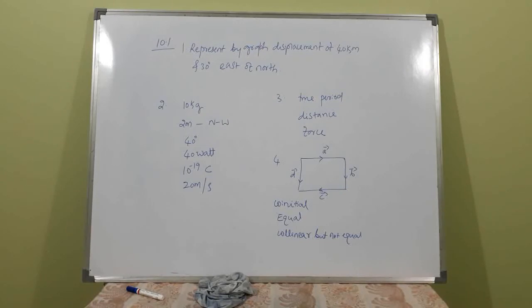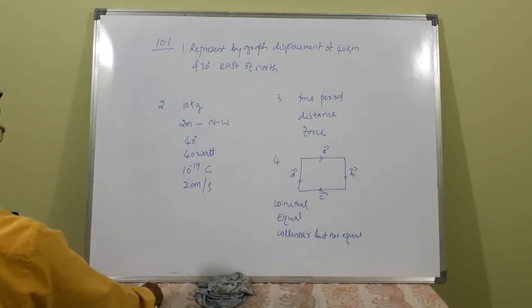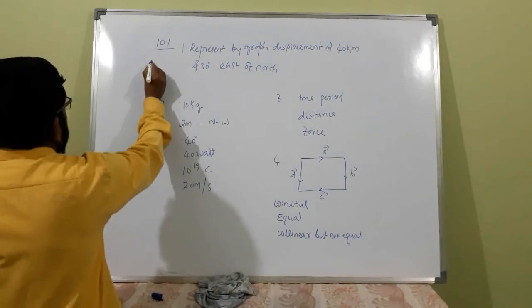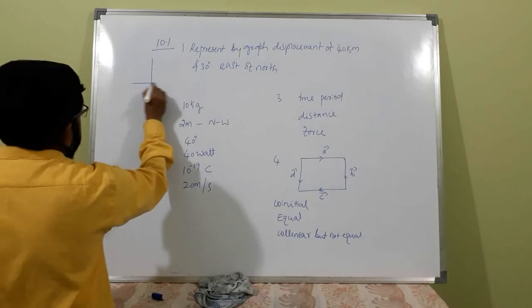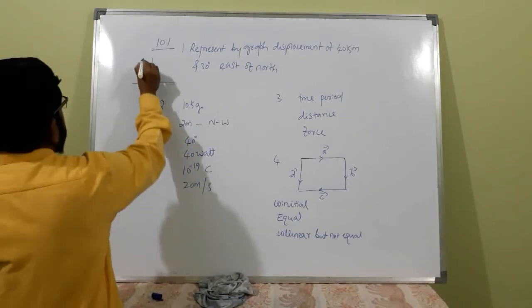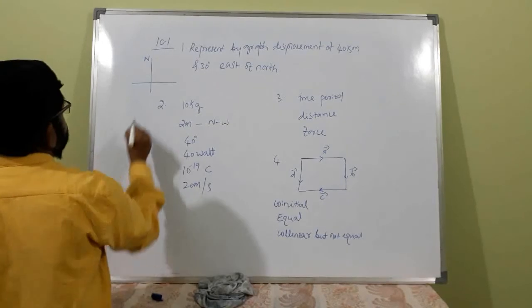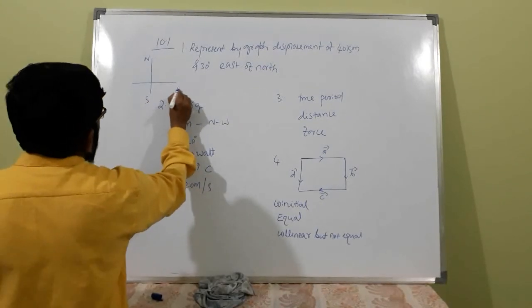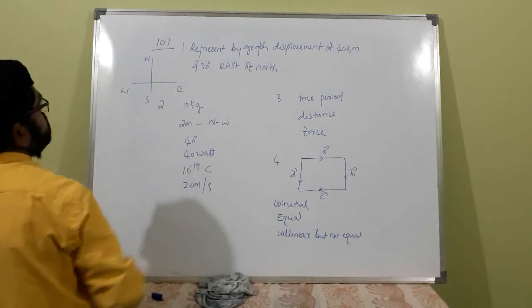Consider exercise 10.1. This is a very simple and small exercise. Let us finish this within 5 minutes. Represent by graph a displacement of 40 km and 30 degree east of north. Draw the axes: north, south, east, west.